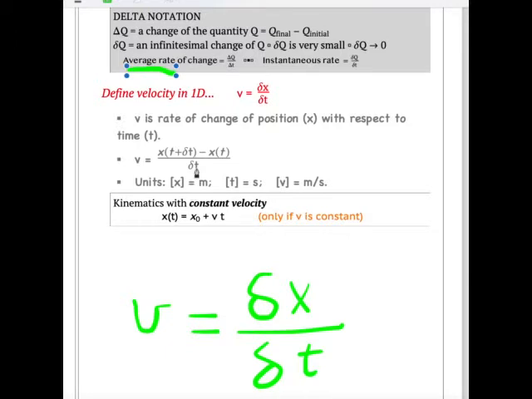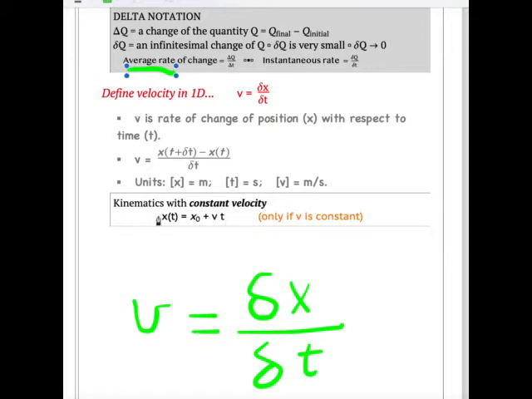Now, if the velocity is constant, if you're driving along in your car and your speedometer says 30 miles per hour and it's not changing, then we can write x at time t is x0 plus vt, where x0 is the coordinate position of your car at time t equals 0, and as you're moving, your coordinate is changing by an amount vt in a time t.